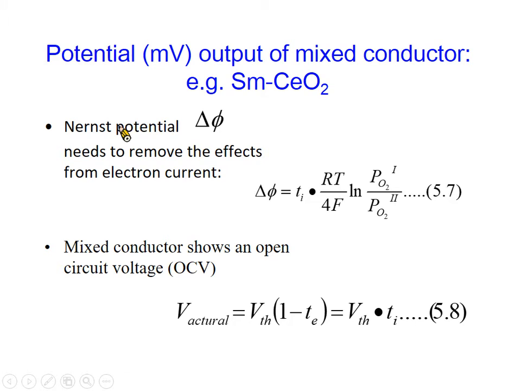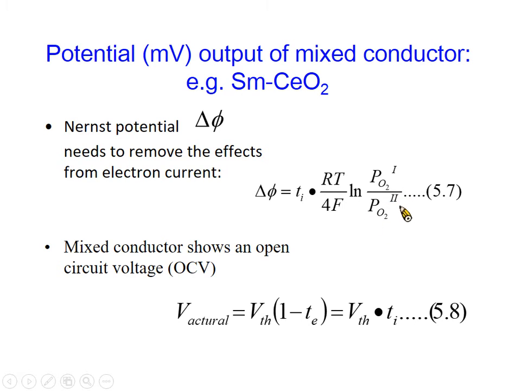We can write out the Nernst equation and also the open circuit conditions. In the Nernst equation, we put delta phi. We need to remove the effect from the electron currents. Therefore, when we have the sample, for example an electrolyte, this is the electrolyte ceria, then at the two phases, one phase, for example at room temperature in the normal air atmosphere, the oxygen partial pressure is 0.2.